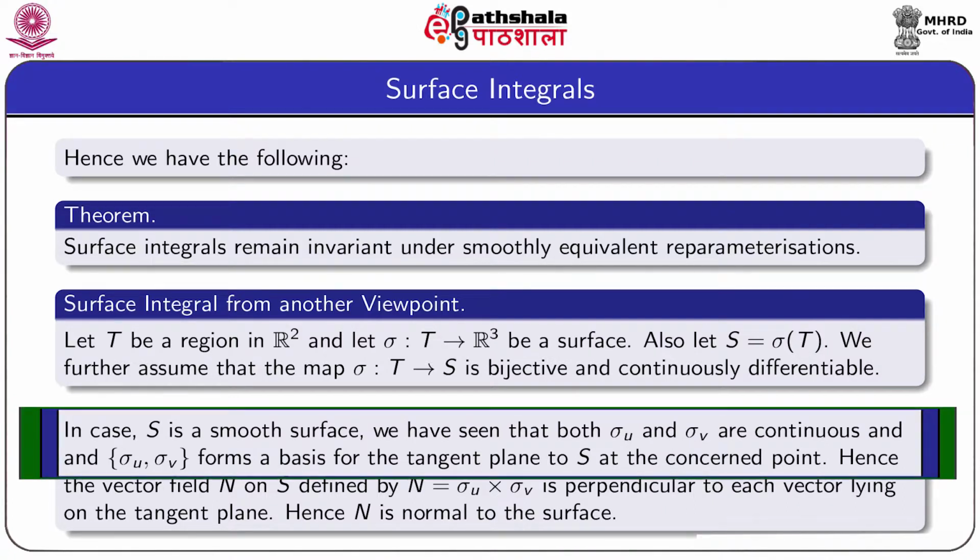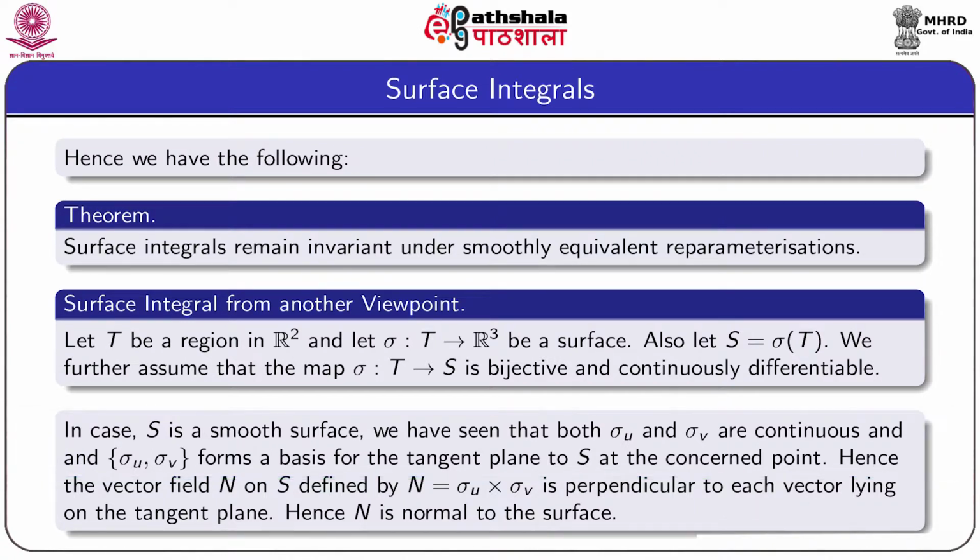In case S is a smooth surface, we have seen that both sigma u and sigma v are continuous, and hence the collection sigma u, sigma v forms a basis for the tangent plane to S at the concerned point. Hence, the vector field N on S defined by N equal to sigma u cross sigma v is perpendicular to each vector lying on the tangent plane. Hence, N is normal to the surface.